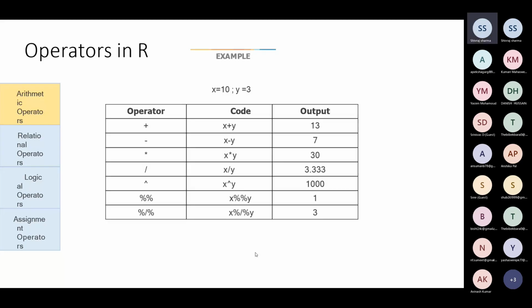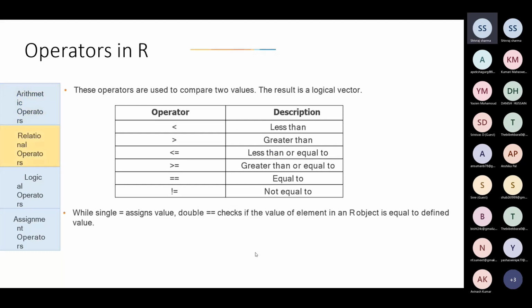Next, we have the example for the arithmetic operation, as you all know. Next, the relational operators. Relational operators we also saw in SQL: less than, greater than, less than or equal to, greater than or equal to, equal to, not equal to, like that.